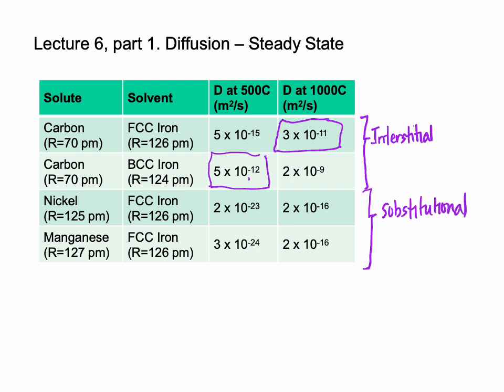We can see that the negative exponent decreases with increasing temperature, and that nickel, at least at 500, diffuses faster than manganese does in iron. Okay, so this is just illustrating what we've just calculated as far as at higher temperature. At higher temperature, the diffusion rate is increased.